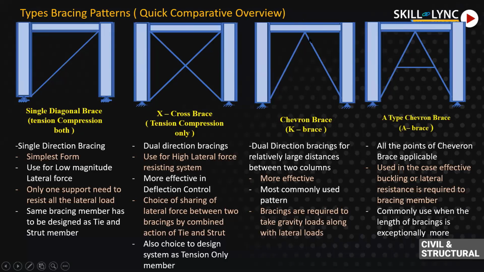When you are connecting between the beams, you are supporting the beam from midway. Before bracing, the beam has to span from left to right as simply supported, with simple connections on the left and right, taking the load in a simply supported beam manner.